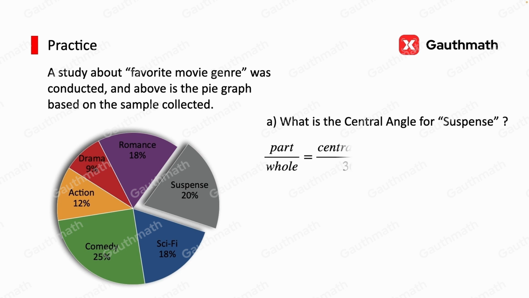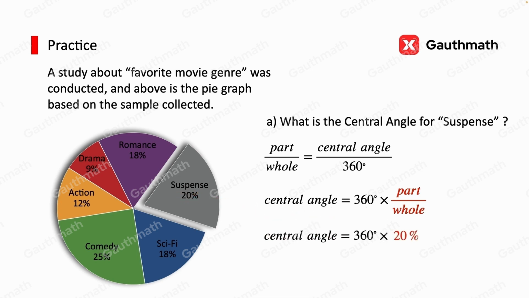Remember, the central angle is 360 degrees times the ratio of part over whole. But notice the proportion of suspense is already given. It's 20%. So we can just substitute the ratio for 20%. And 360 degrees times 20% is equal to 72 degrees. And that's the final answer for part A.